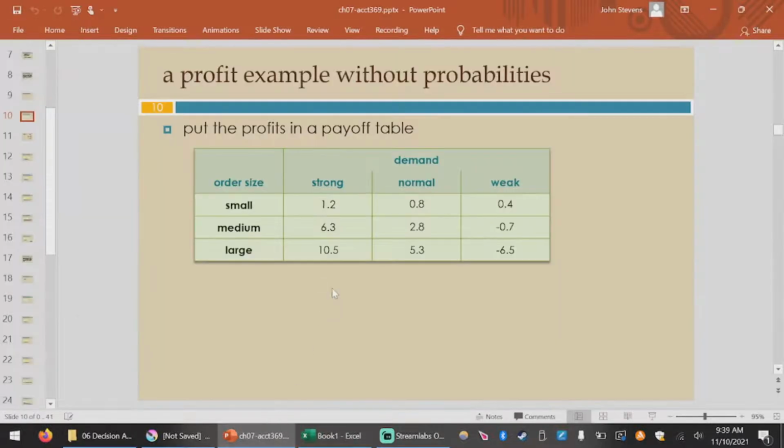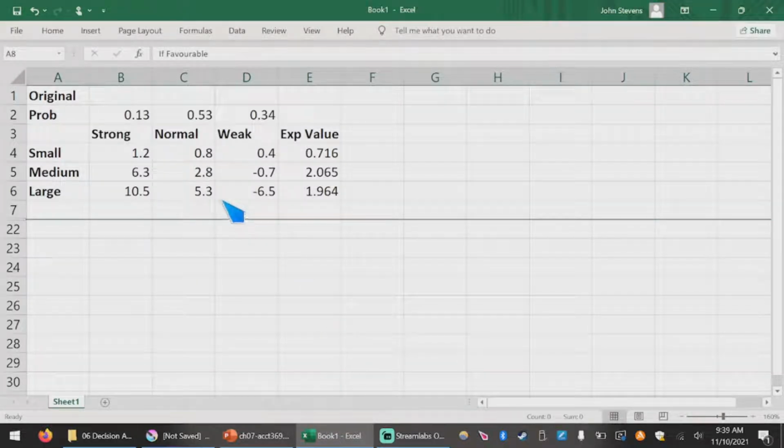Then in a future example that expands on this, she believes that there are different probabilities for the market to be strong, normal, or weak. And we then can say, well, if I have a small order, then I'm going to have different probabilities associated with the profit.